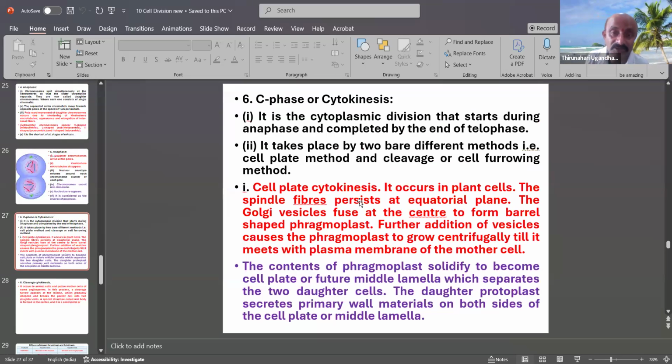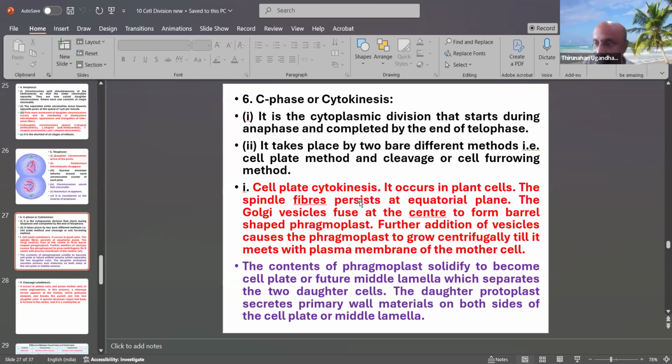Then comes the C phase, also called cytokinesis. First prophase, prometaphase, metaphase, anaphase, telophase. Then the sixth is the C phase or cytokinesis. Cytokinesis means the rest of the cell separates into two parts.